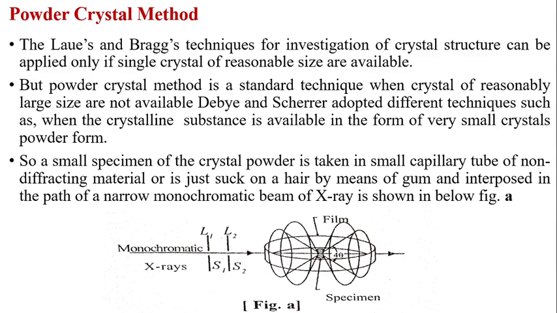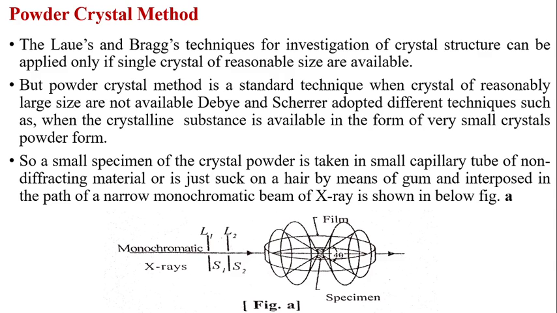But the powder crystal method is the standard technique when crystals of reasonably large size are not available. Debye and Scherrer adopted a different technique for when the crystalline substance is available in the form of very small crystals, in powder form.